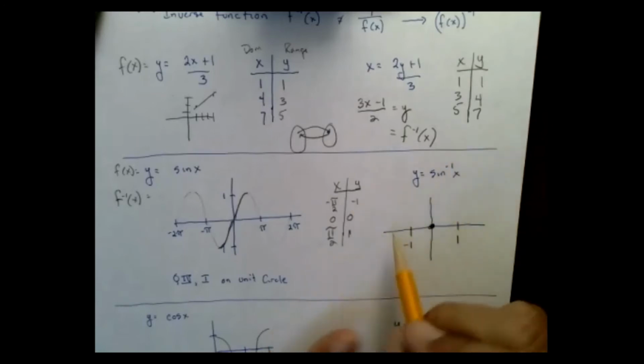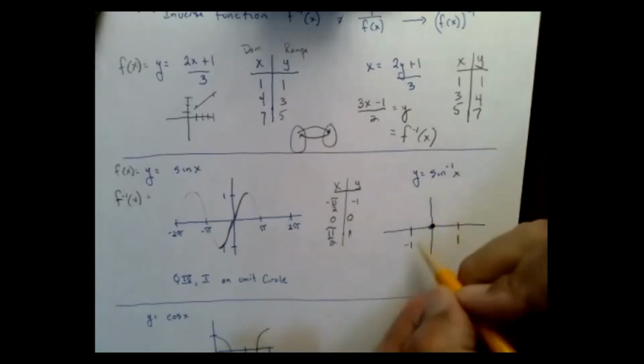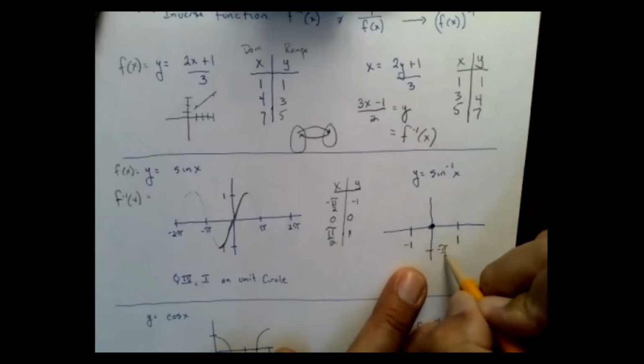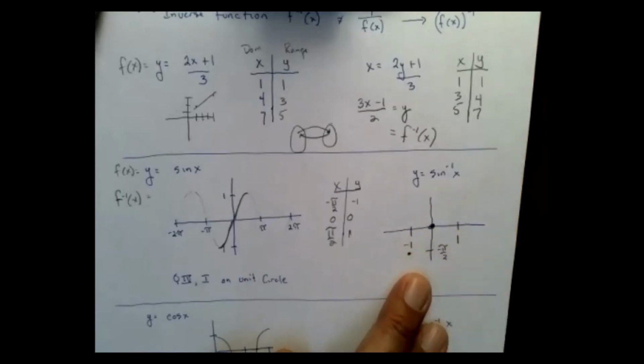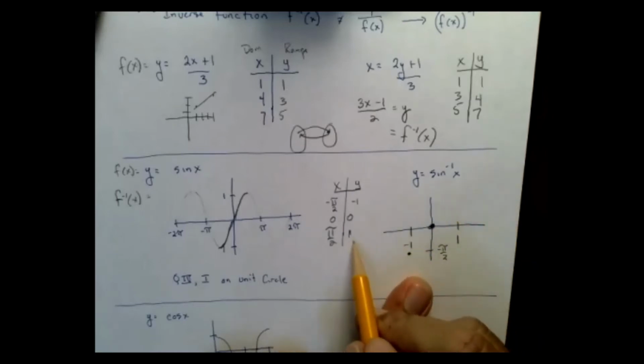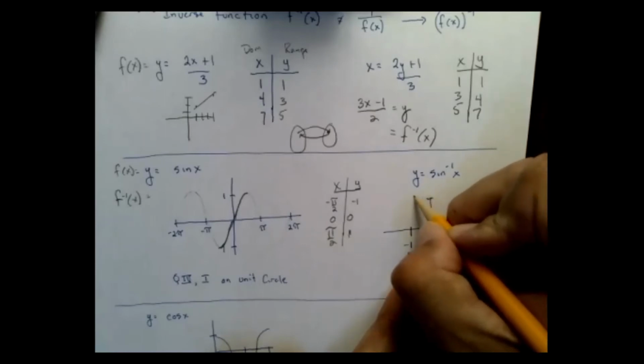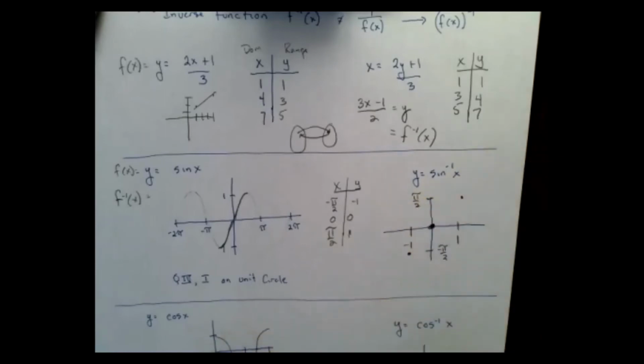This time, because I'm going to switch these to do the inverse, at -1, I'm down here at -pi/2. At 0, I'm at 0. At +1, I should be all the way up to +pi/2. So I picked a couple of points to help me graph this.